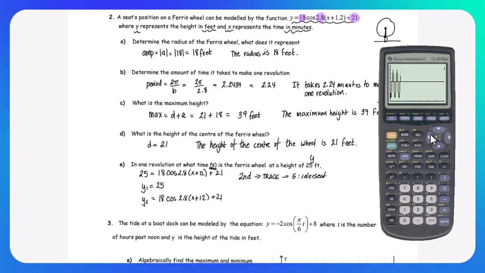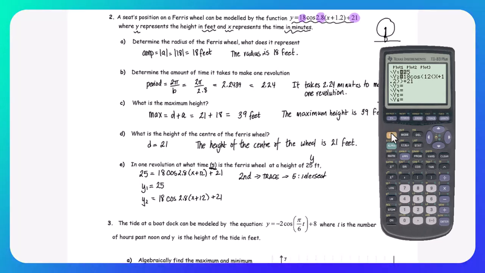There's our 25 line. And now look what's going on here. Got a bunch going on, lots of intervals. Did I put it in right? I feel like I might have put it in wrong. Let me double check. I got 18 times cos. Oh, I put 12. What's going on there?